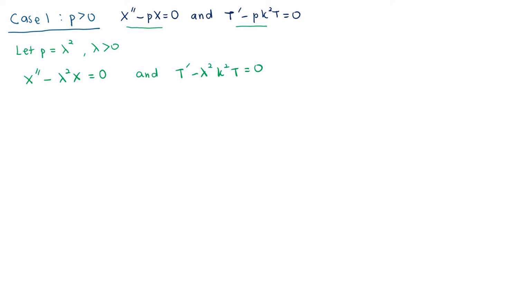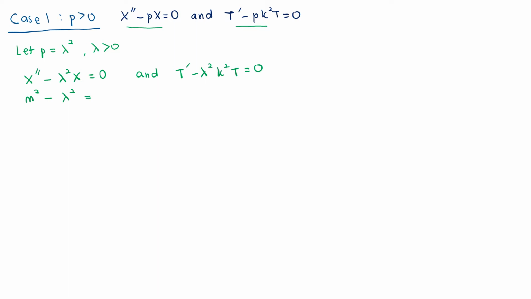Okay, now we have the second order of partial derivative, and this is the first order of derivative. For the second order, we can solve this using the method in chapter 3 that you learned before, where this can be represented as m square minus lambda square times m to the power of 0, which is equal to 1.